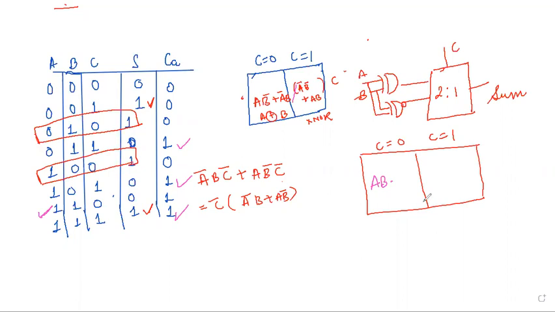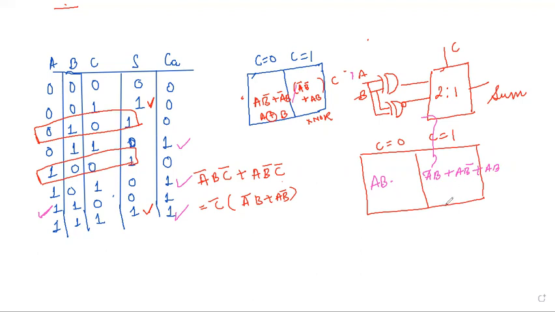Corresponding to this I can write all the terms because C is going to be common in these. So we see it is A bar B plus AB bar plus AB. C is common, so I'm not going to write it.